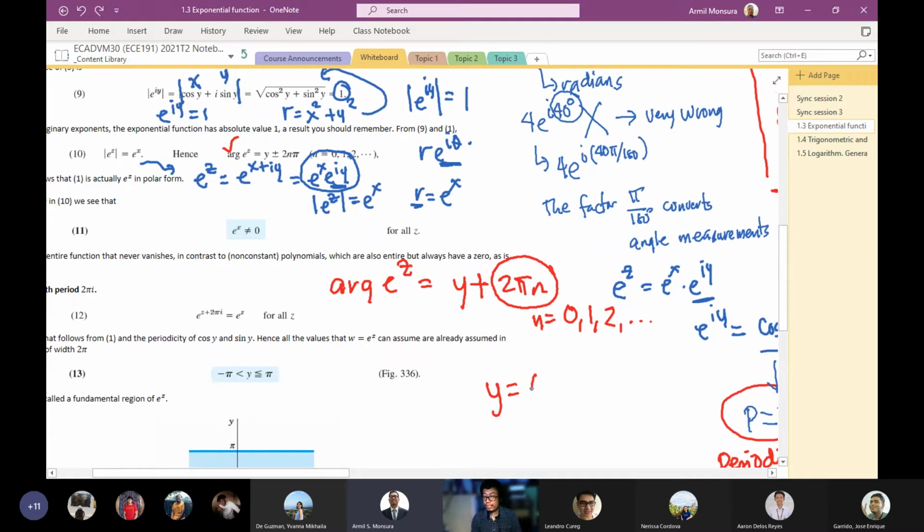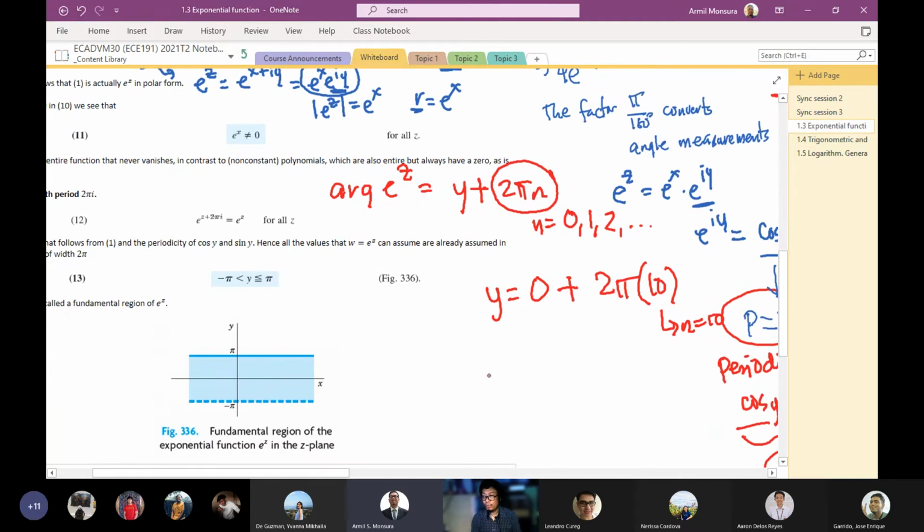So if you start y at 0, and you add a multiple of 2 pi there, say for example, 2 pi times 10, this is a multiple of 2 pi. So in this case, your n equals 10. That means that the value here is the same as when y is equal to 0. Is that clear?